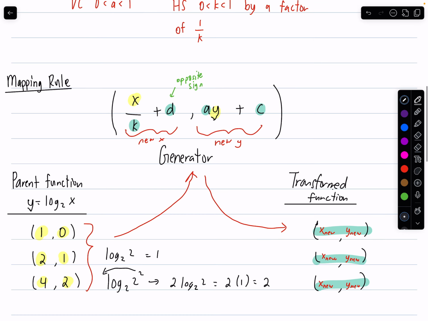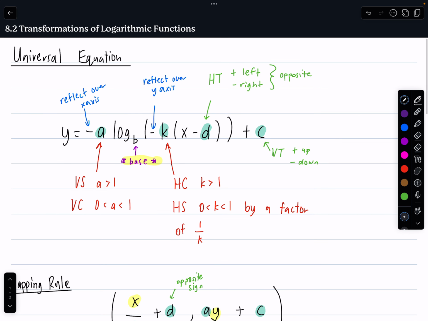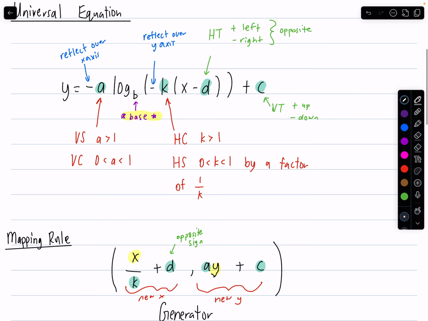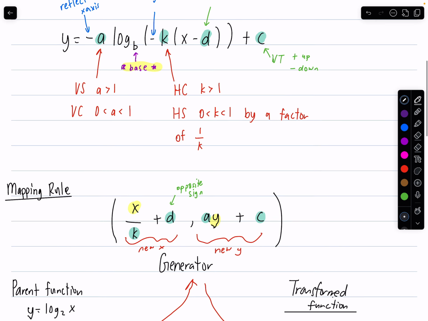So the purpose of this lesson, guys, is to really understand, okay, what is the universal equation? And from this universal equation, how can I determine the mapping rule by finding out what a, k, d, and c are? The only way I'm going to know what a, k, d, and c are is when I look at the template of this universal equation, and then I can depict what they are. Once I have the mapping rule, this is all useless until I use the mapping rule as a generator to get the transform function.